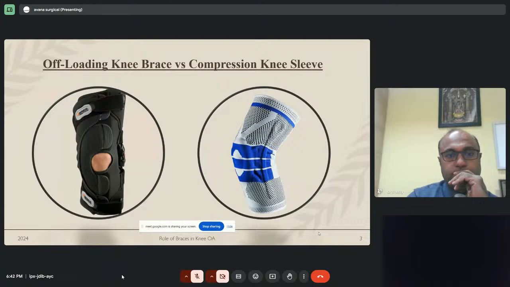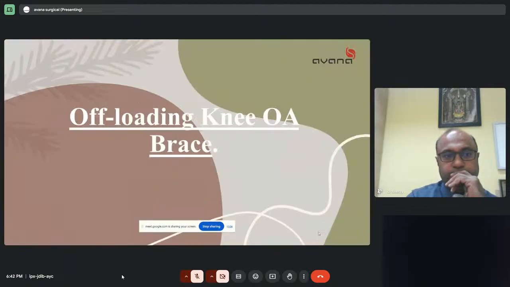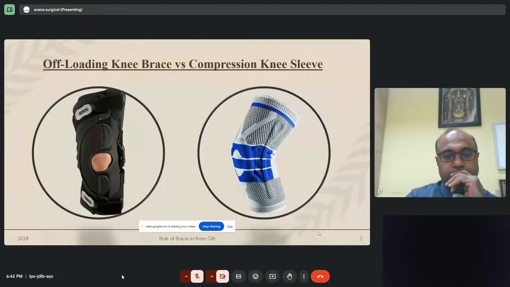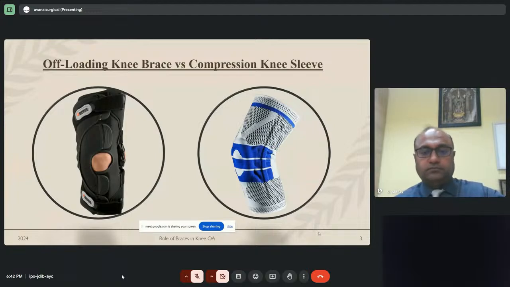So there are several braces available in the market. Today we are going to do a comparison between an offloading brace and a compression sleeve. You might have seen compression sleeves in the market many a times. A compression sleeve is nothing but a knee brace which is made up of elastic material, which will help us to get rid of swelling or pain with the help of compression.